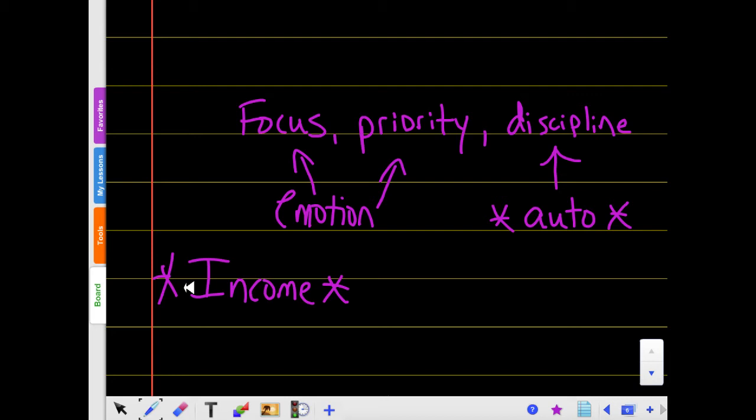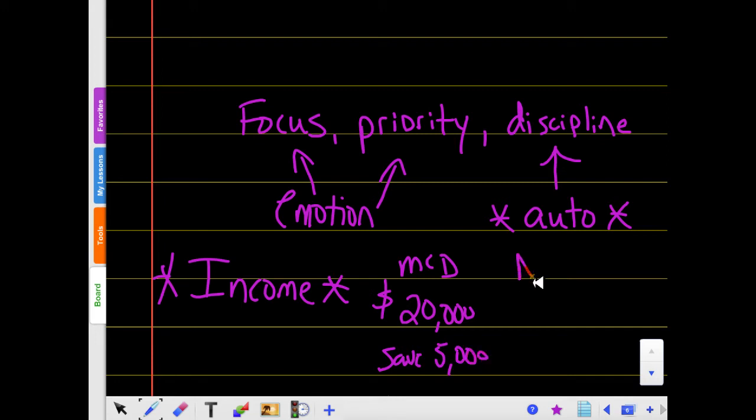Think about this. If we've got somebody who works at McDonald's and they make $20,000, which is not much, but they save 5,000 of that. They have 5,000 in savings. Okay, that's not hard to figure out.